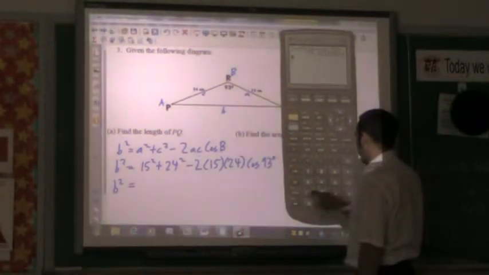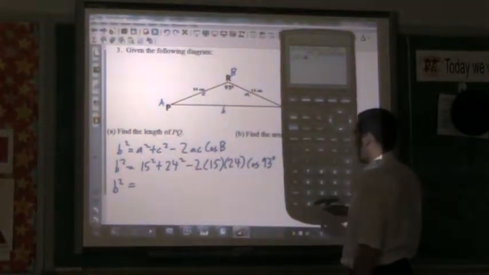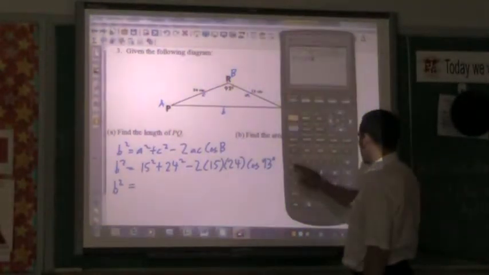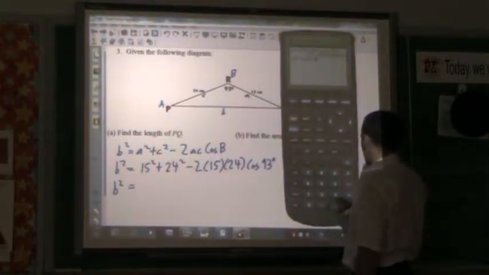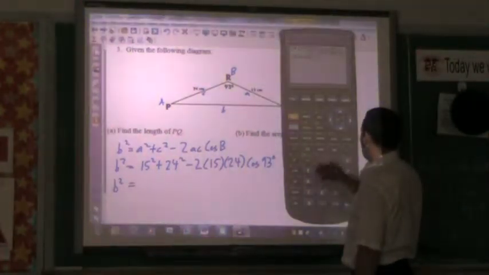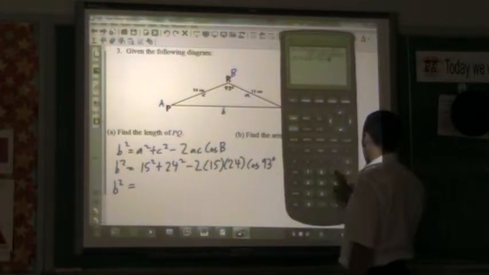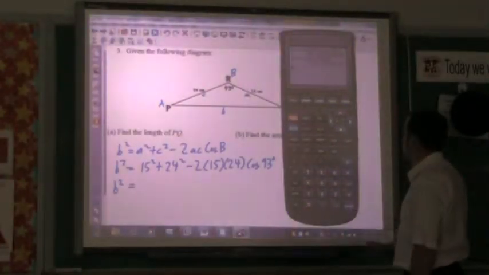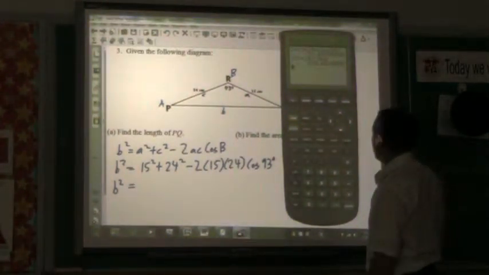So now I can go 15 squared plus 24 squared, subtract my answer. And I get 838.7.